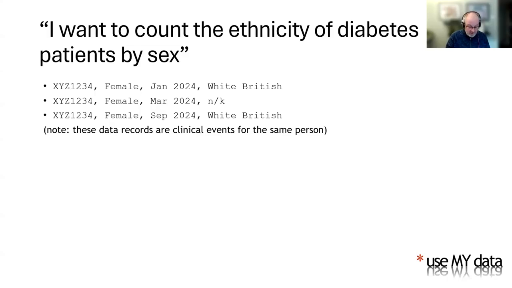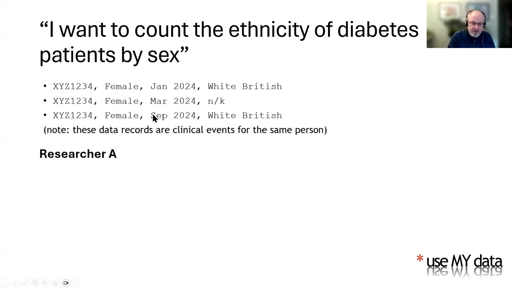And you'll see, fairly typical of NHS data, there's inconsistency. The first event, somebody recorded that the person was white British, then it was said not known, then white British again. Now, if you're a researcher doing some work on ethnicity, in this case counting, you've got to figure out, well, what do I do with that record?